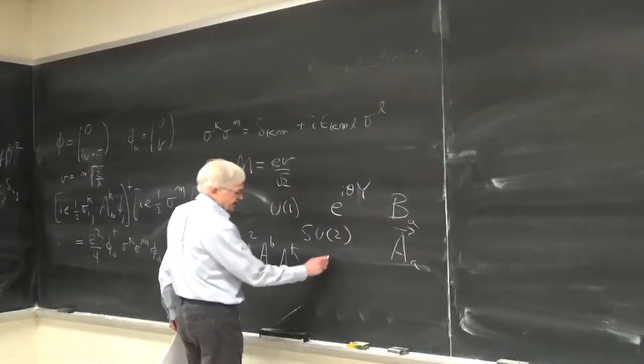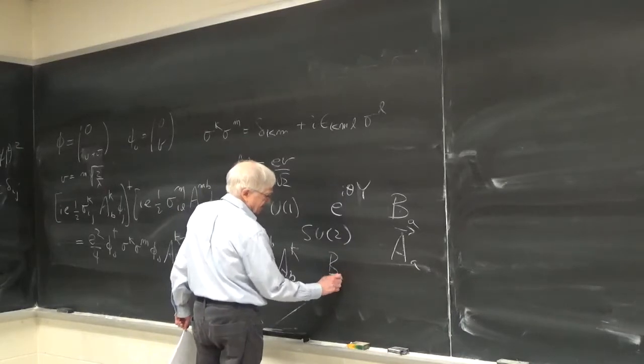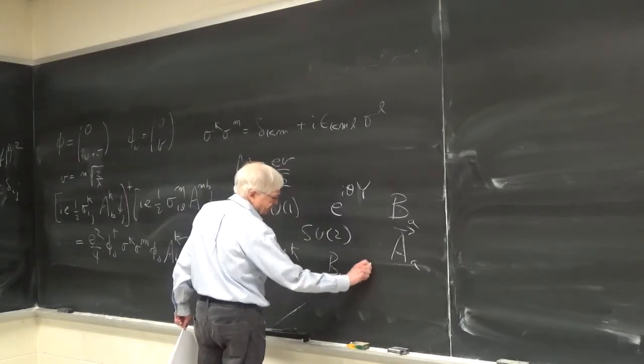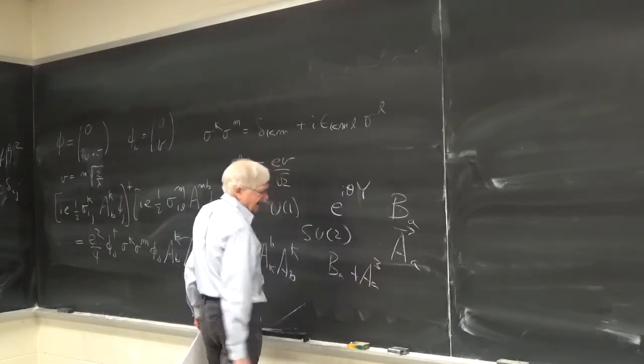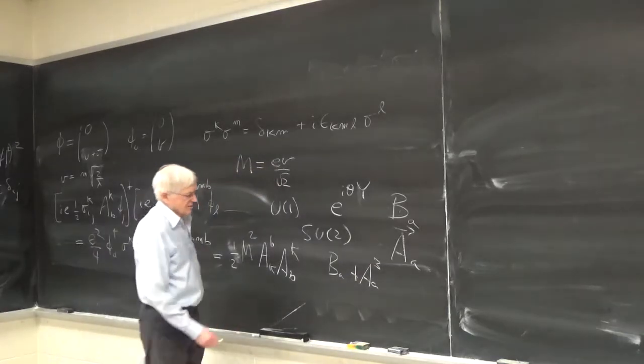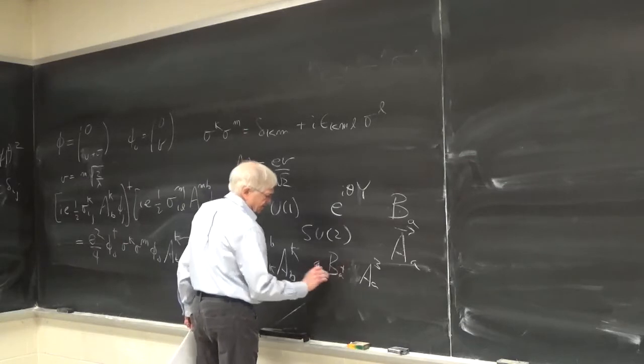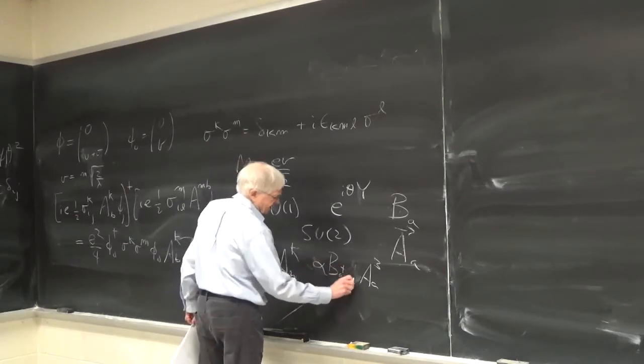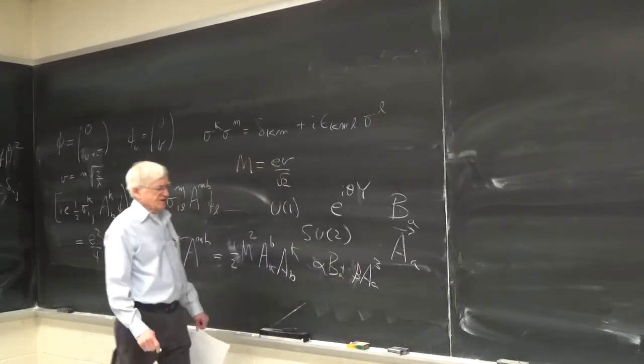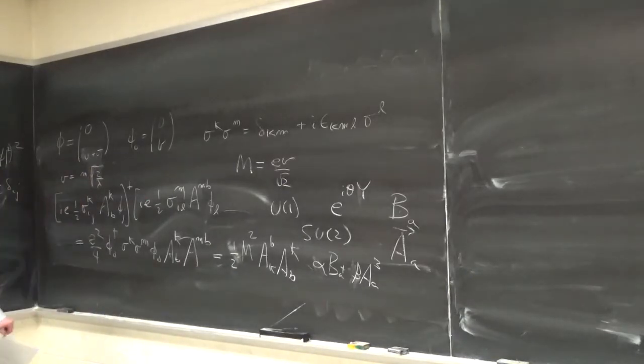So it's in fact the B plus A_3 linear combinations, not exactly this, but alpha plus beta, that will be 2 different linear combinations. One will be massive, one massless. The massless one, of course, is the photon. All right, so we'll do that.